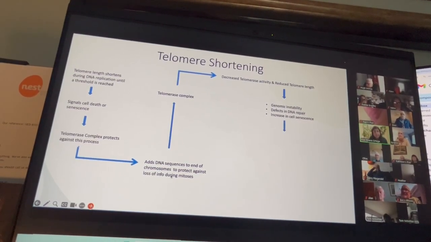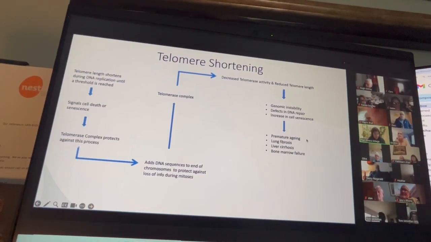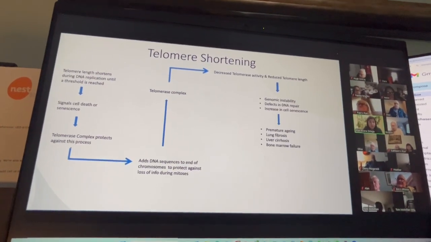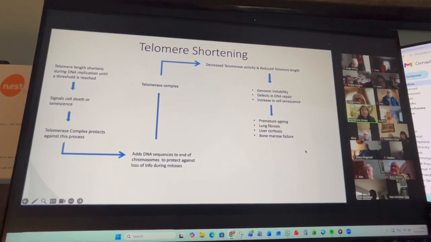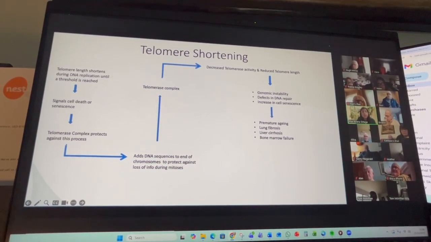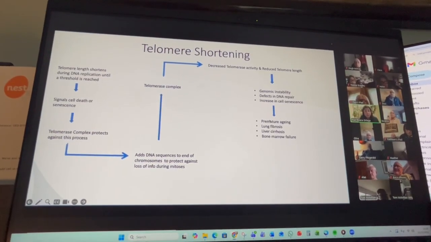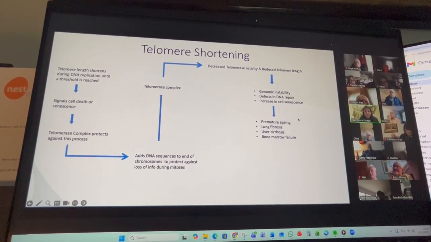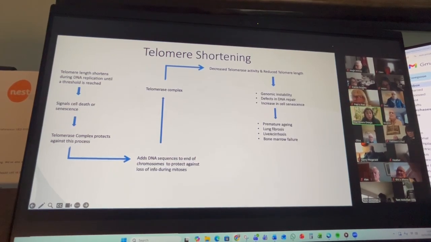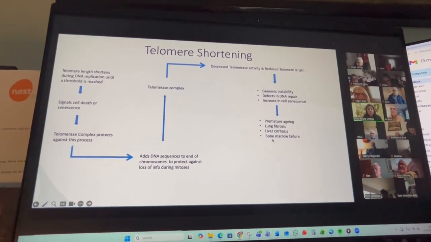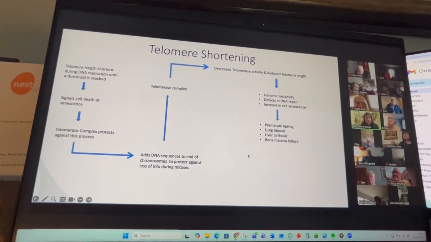That means it can cause premature aging, lung fibrosis, liver cirrhosis, and bone marrow failure. For patients we are thinking about as having telomere shortening or a telomere biology disorder, these four are very well related. So it's not only about the lung; we always need to check the liver, the bone marrow or the blood, and also premature aging.